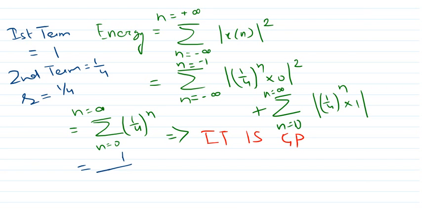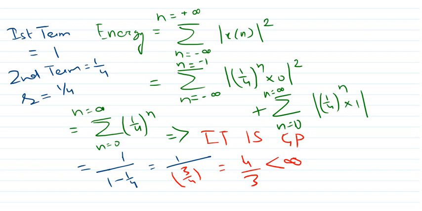First term divided by 1 minus common ratio. So it is 1 divided by 3 by 4, which is 4 by 3, and it is less than infinity. So the energy is basically 4 by 3.